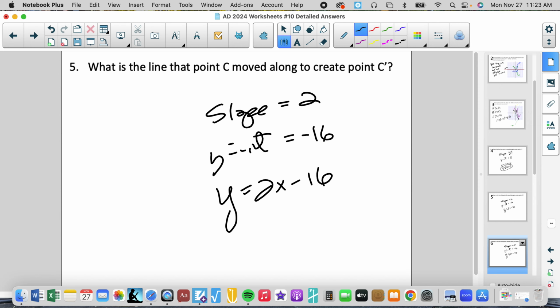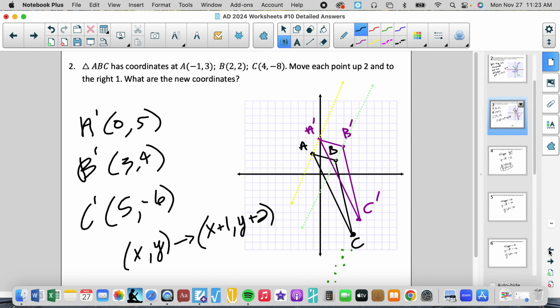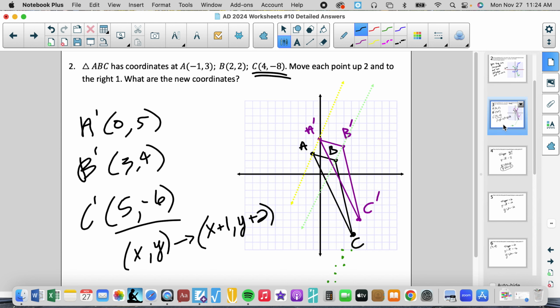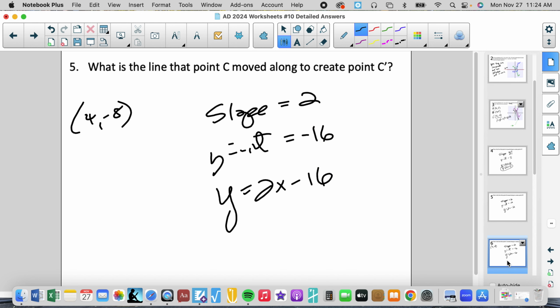Now we can plug in both of those points into that equation and they should be true. So we can take the points 4, negative 8, and 5, negative 6.